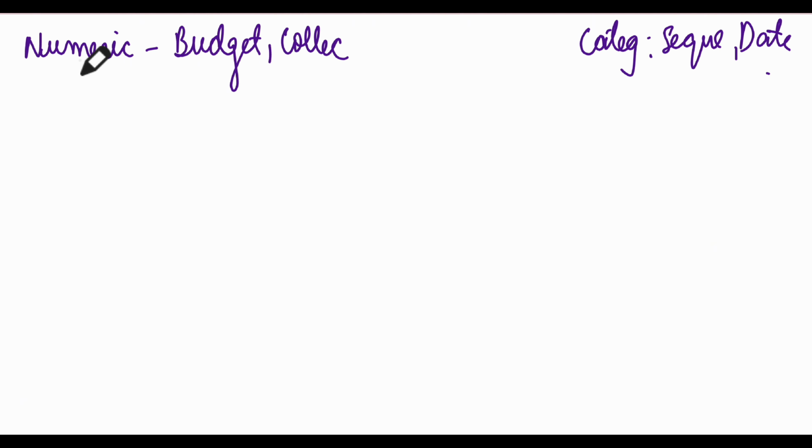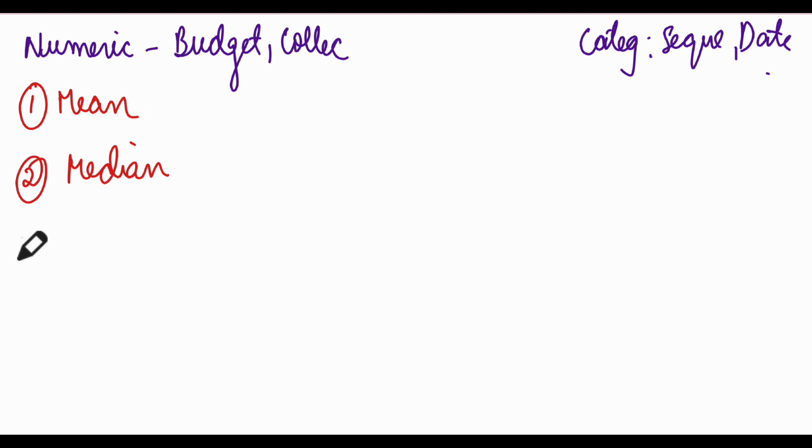The thing about numerical variables is that there are multiple strategies. They can be filled with mean, median, and mode. So let's take a rough example here. Let us say we have a data set of 5 values.